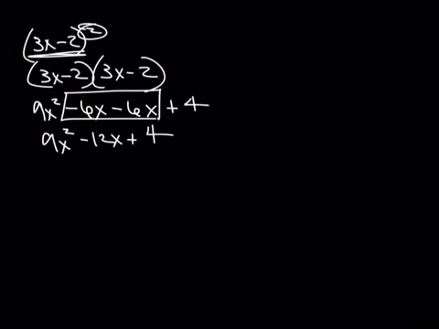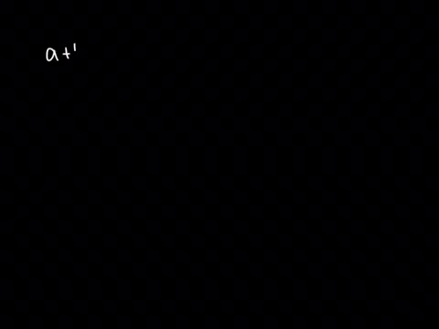Alright, so let's look at one that is lacking all numbers and just has some letters in it. Let's look at one like a plus b, the quantity squared. So again, we're just going to write it as a plus b, parenthesis, times a plus b, parenthesis.